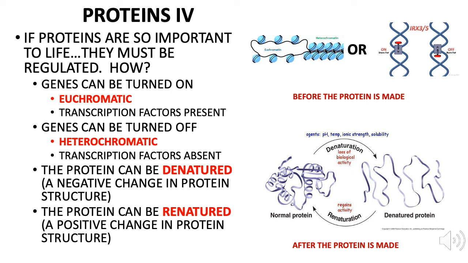Take a look at our bullet points. If proteins are so important to life, they must be regulated. How? All right, well, genes can be turned on, and there's two ways we can actually effectively turn a gene on. The first is how that gene is packaged. The gene is a sequence of DNA that codes for a protein. If I can access that gene, if I can actually read the information in that gene, I'll be able to make the protein.